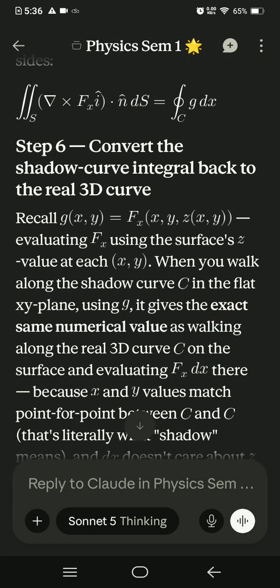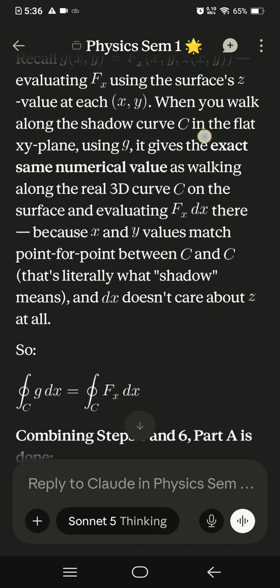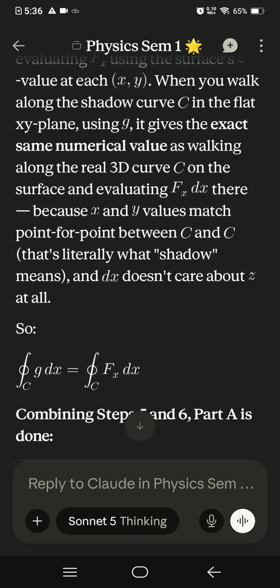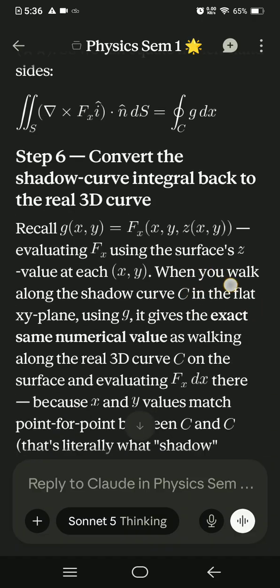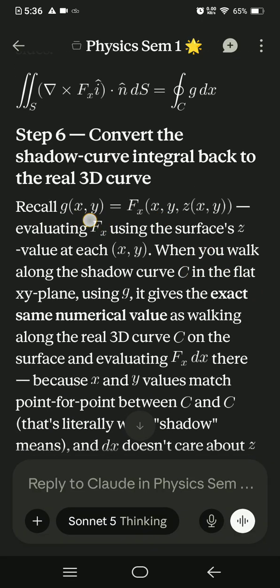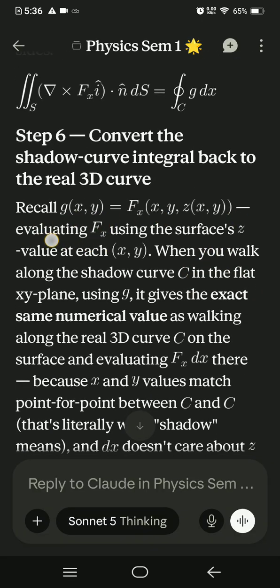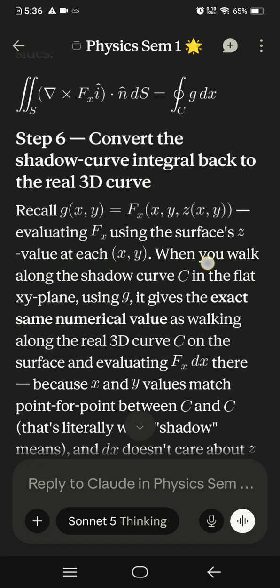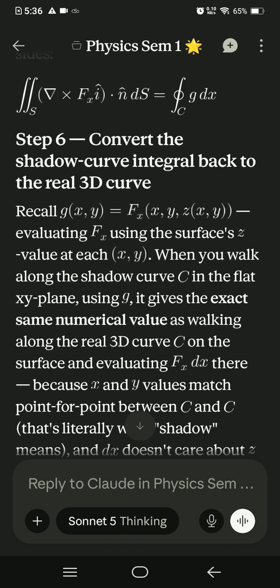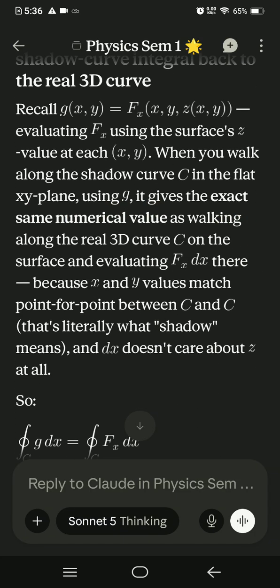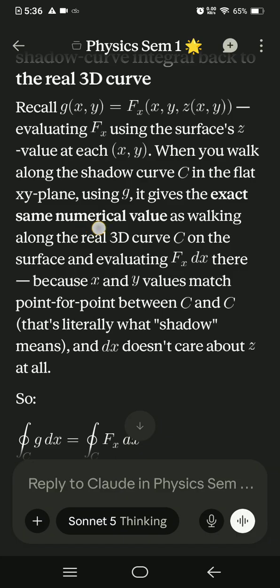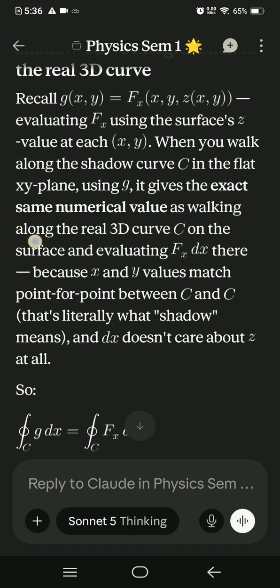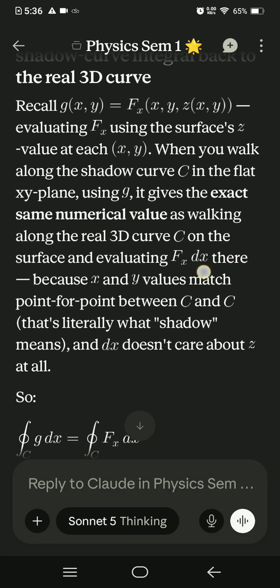I didn't understand this part about converting to 3D. Let me look once again. Recall g x equals this. Evaluating f x using the surface z value at each point. When you walk along the curve c in the flat xy plane using g, it gives the exact same value as walking along the 3D curve c on the surface of dx.